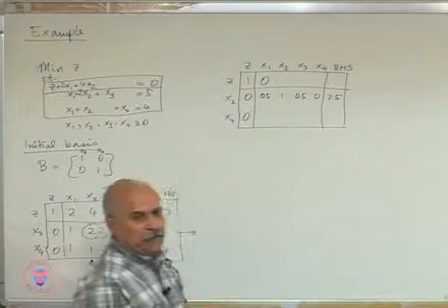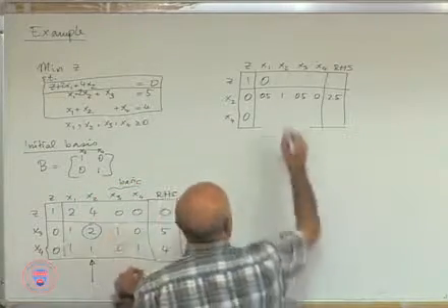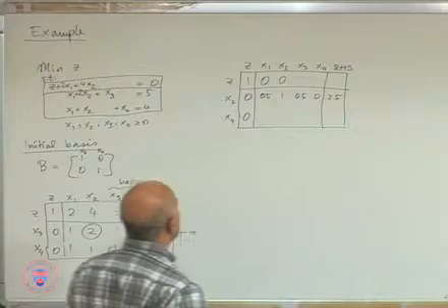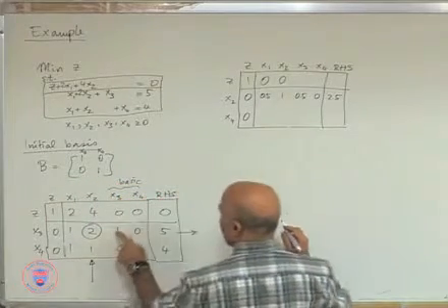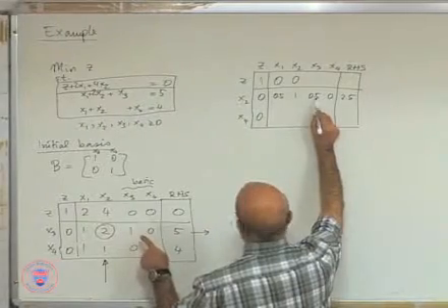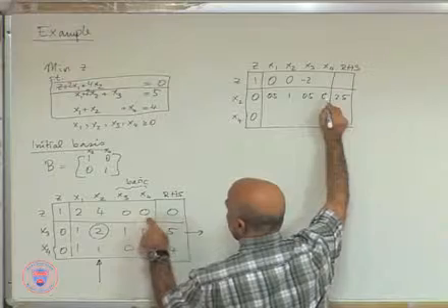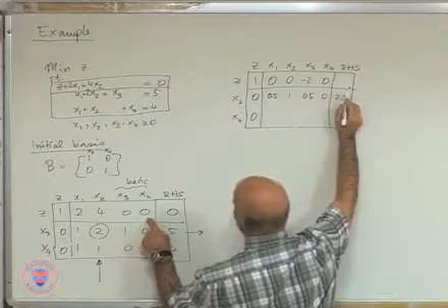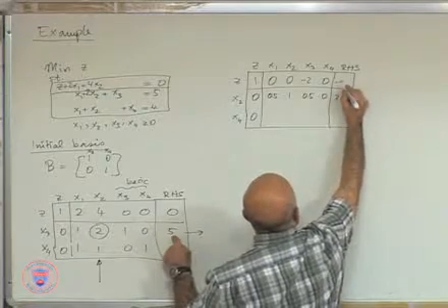That one also becomes 0. It's just coincidentally. This one is definitely 0. This one will be minus 2 plus 0, so minus 2. This one is 0. This one is what? Minus 10, right?